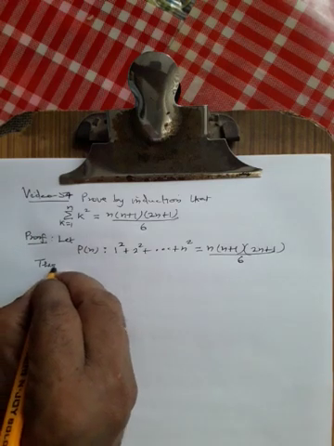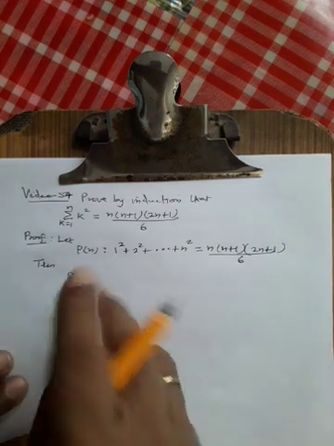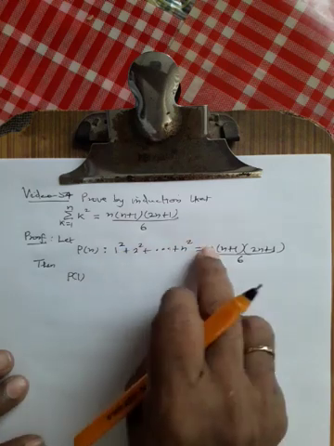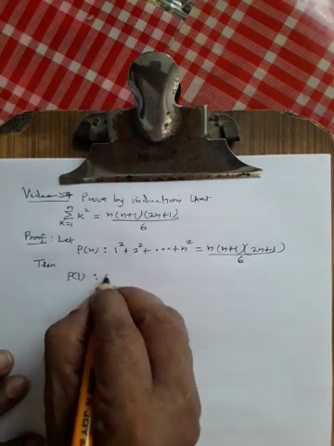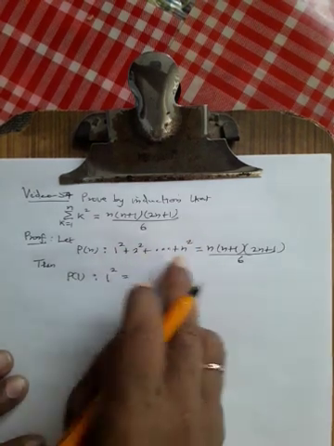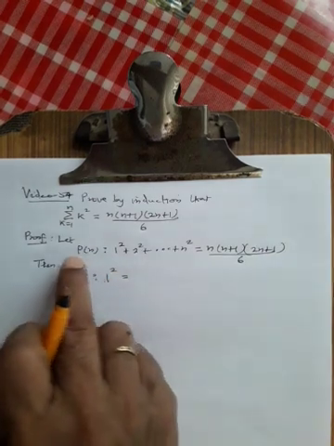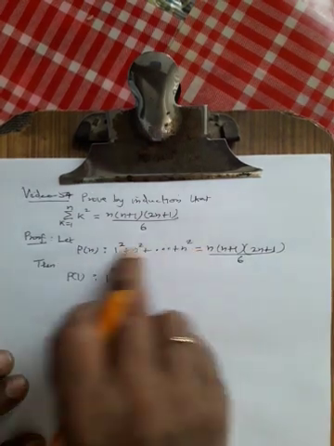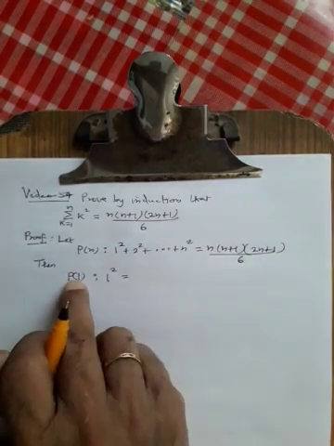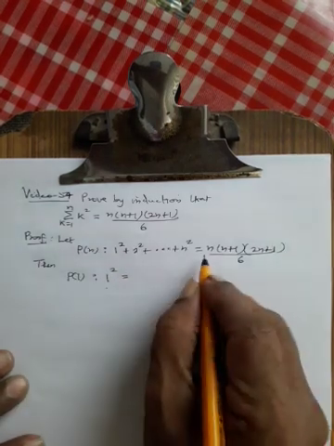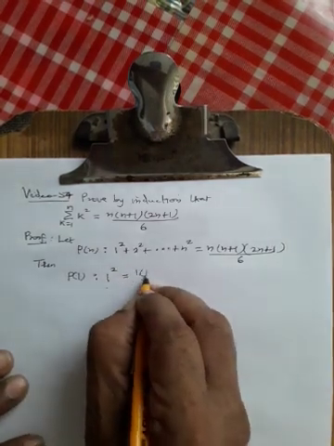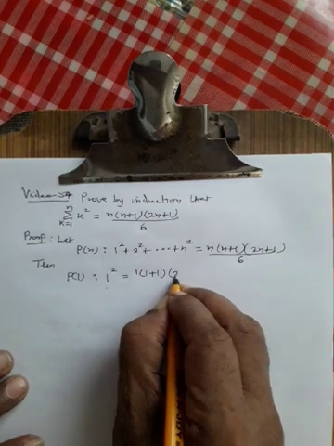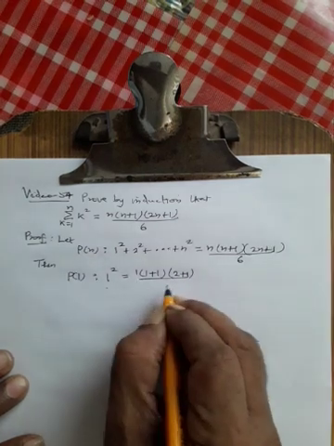Then we have to list out what P of 1 is. You see there are n terms here. In P of 1 there will be only one term on the left side. In P of n, before the equal sign, we have n terms. In P of 1, before the equal sign, only one term. Right side: 1 into (1 plus 1) into (2 into 1 plus 1) by 6.